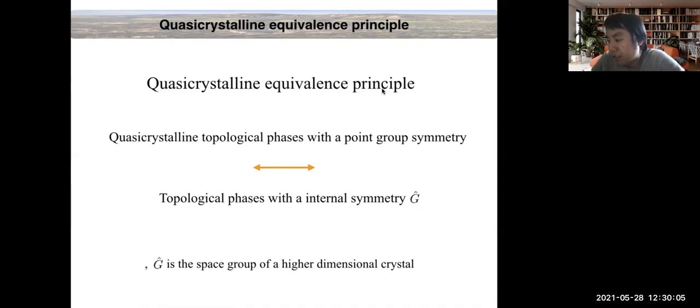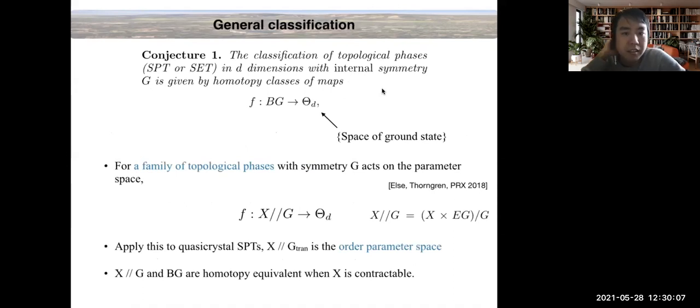The quick way to see that is that if you know the abstract classification of SPT phases, it was first proposed by Kitaev that topological phases with internal symmetry are classified by the homotopy class of maps from the corresponding space BG to the space of ground states. This has been extended to a family of topological phases with symmetry G, with a G action on the parameter space, by Dominic and Ryan.